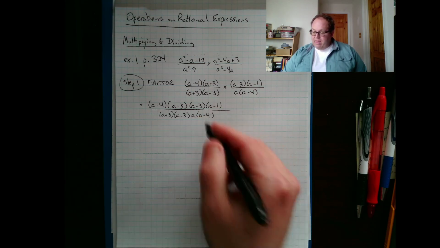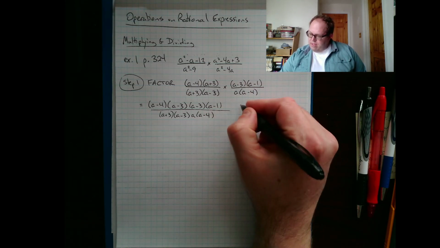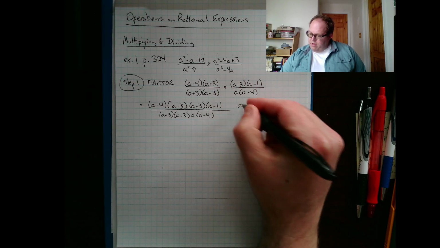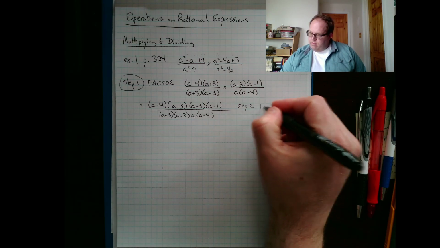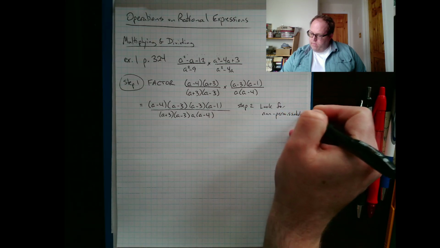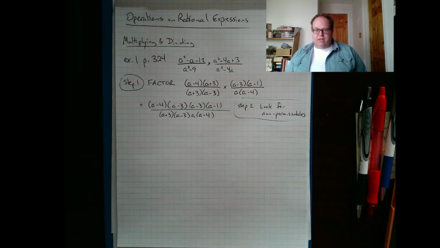Now, before you cancel anything from this, I'll jump into step 2, which would be look for the non-permissible values. Anything that's going to lead you to a division by 0 is non-permissible.